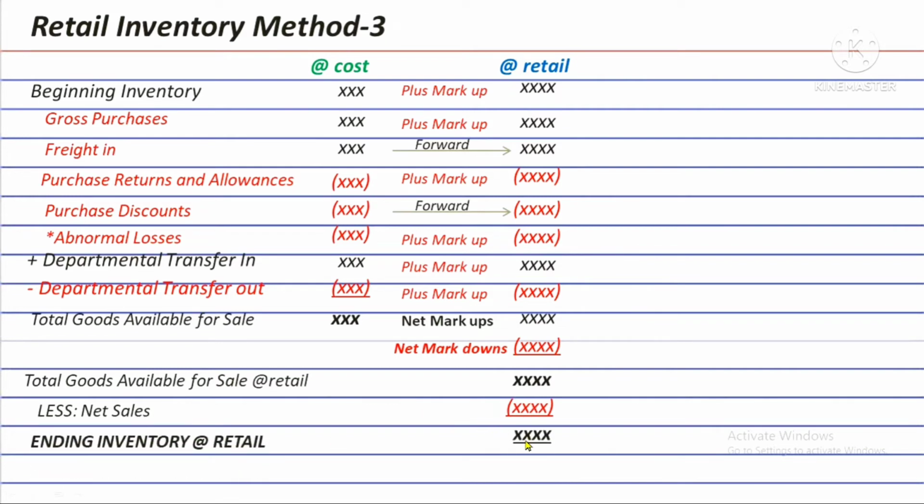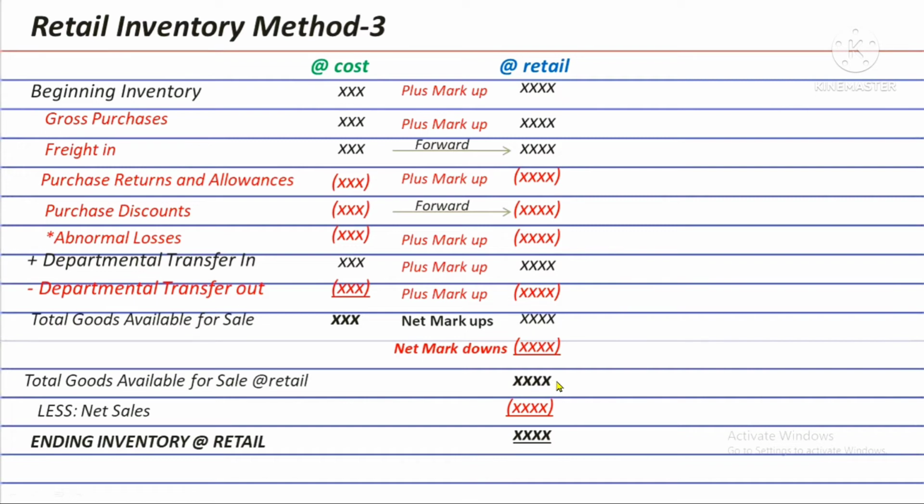If you use logic, TIGAS at retail are the total goods that the company can sell, right? And since it's TIGAS at retail, this is already at selling prices. Now, you want to get the remaining inventory amount because normally not all of these goods will be sold, right?